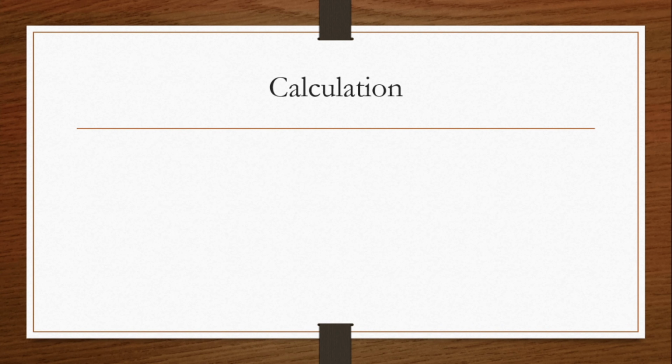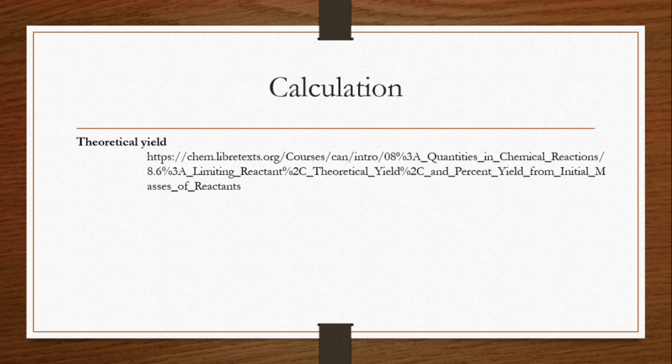For the calculation part, we have to discuss three things: theoretical yield, practical yield and percentage yield. To understand how you can calculate the theoretical yield, I am giving you a link. There you can practice with a few examples how the theoretical yield could be calculated for any given reaction. This is the link which you can go through and learn how to calculate the theoretical yield for any particular chemical reaction.